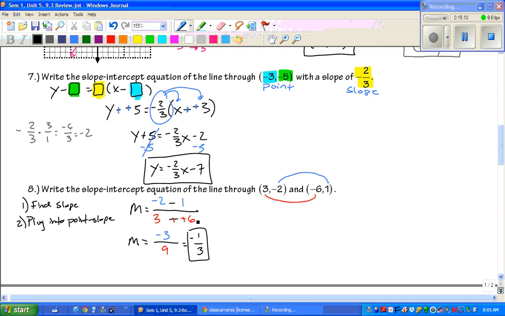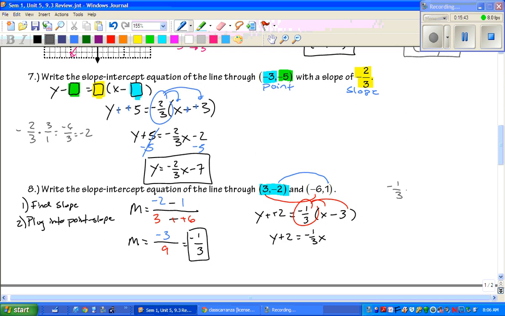And now we can pick either point, okay? It doesn't matter because we're going to plug right back into that formula that we just used. Our slope is negative 1/3, and then I'm going to go with that one right there. So we got 3 and negative 2. So y plus 2. We're going to distribute the negative 1/3. So negative 1/3 x, and then we have to distribute to the negative 3.